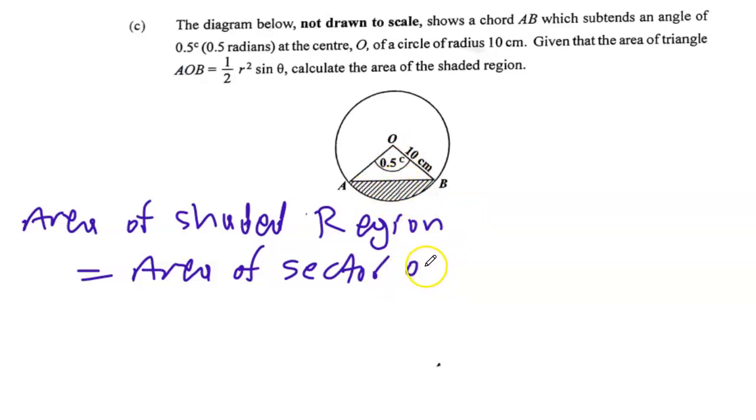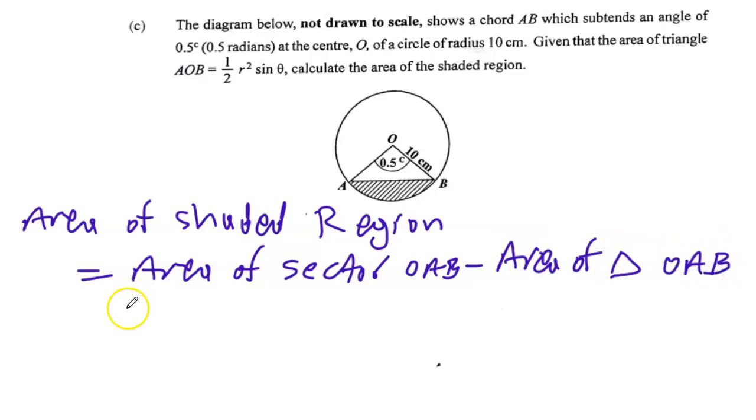So area of sector OAB minus area of triangle OAB. And what's the formula for the area of a sector? When the angle is given in radians, the area of a sector is half r squared theta.